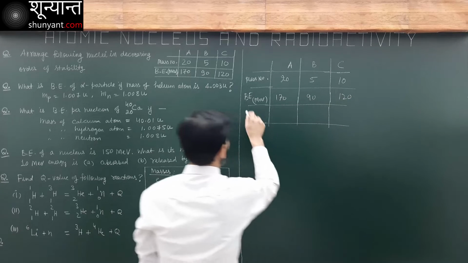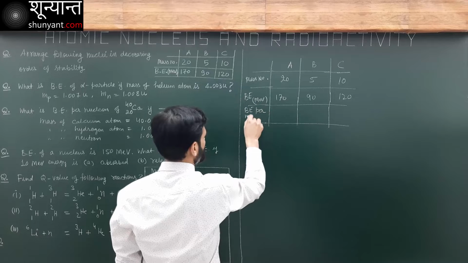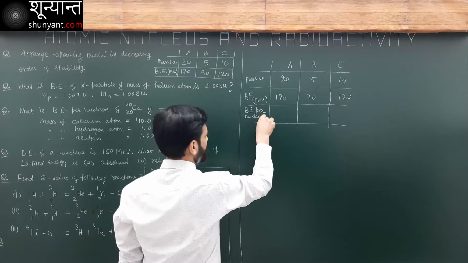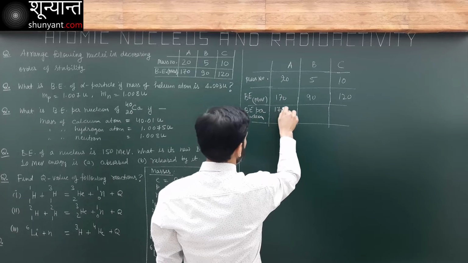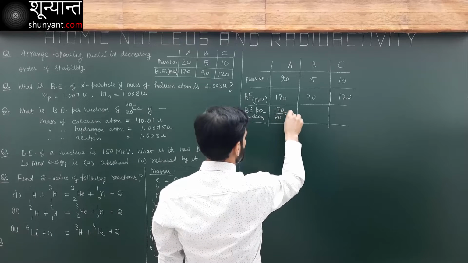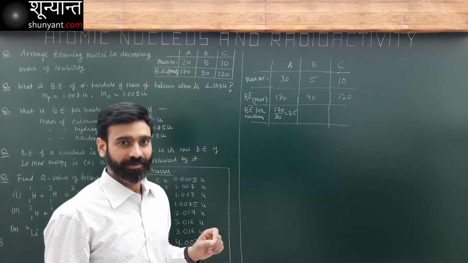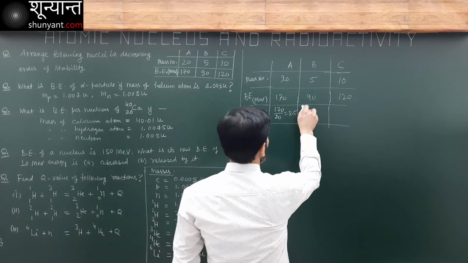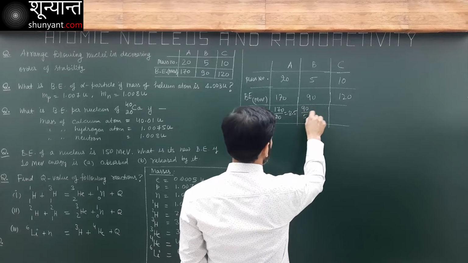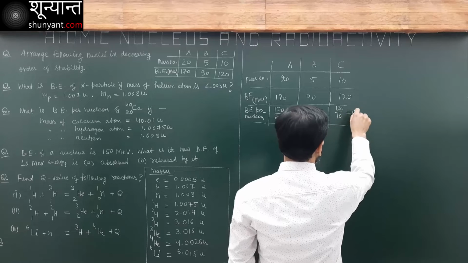Now this is binding energy per nucleon. How do I do it? I will just divide: 170 over 20 becomes 8.5 mega electron volt per nucleon. 90 over 5 becomes 18, and 120 over 10 becomes 12.